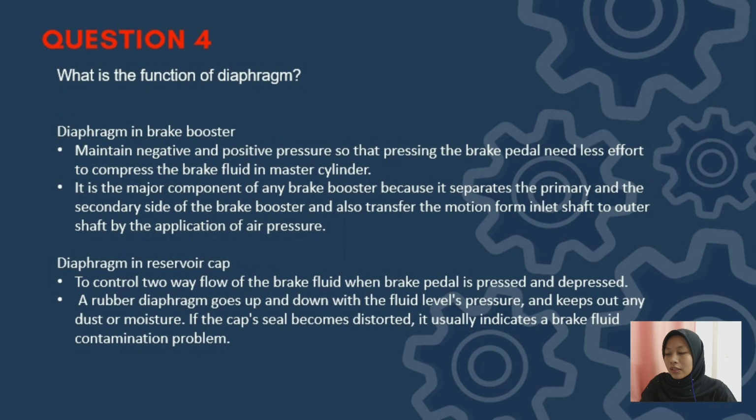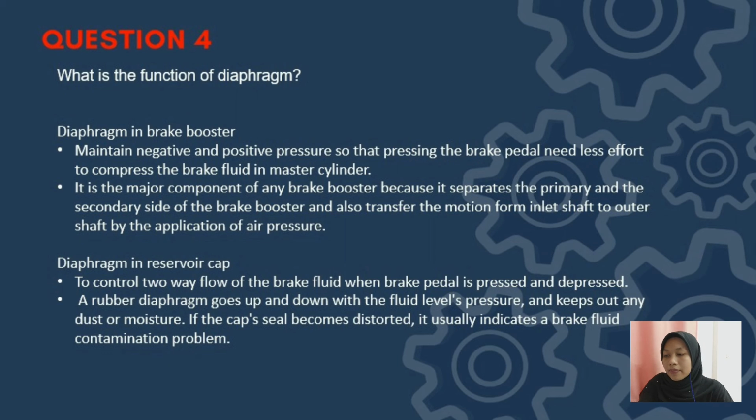The second type of diaphragm in this brake system is in the reservoir cap. The function is to control two-way flow of brake fluid when the brake pedal is pressed and depressed.